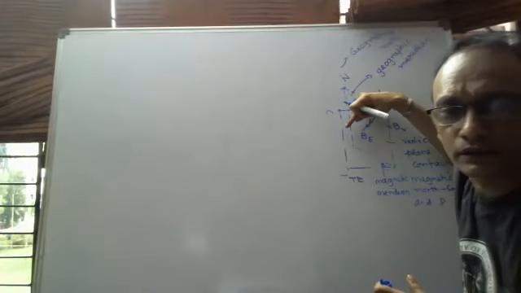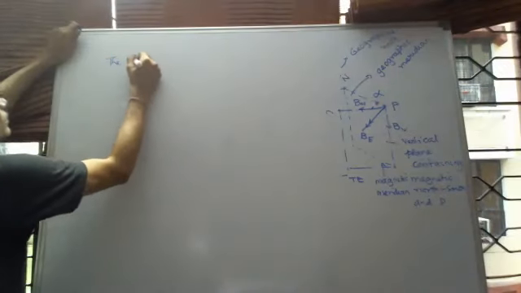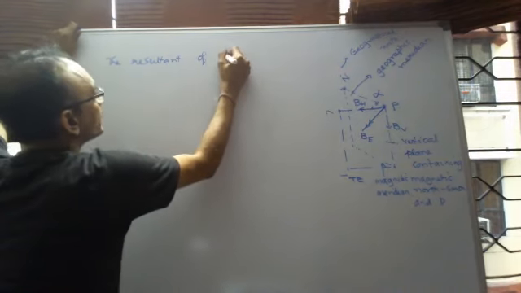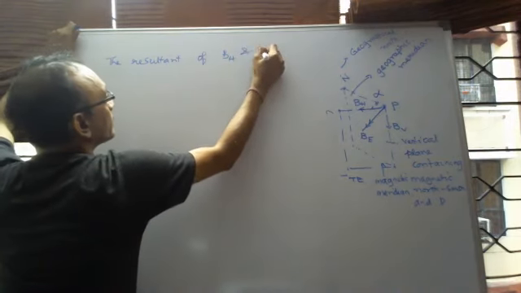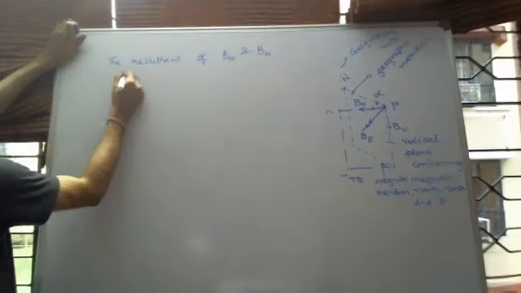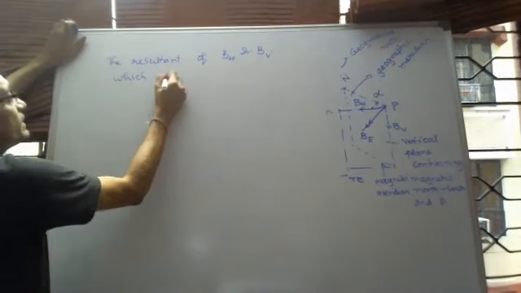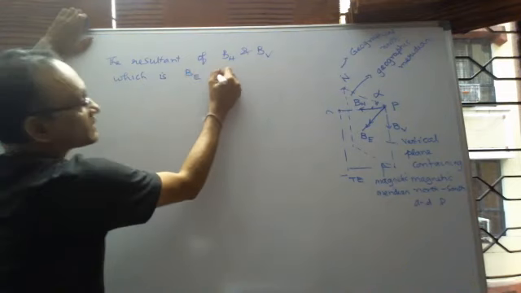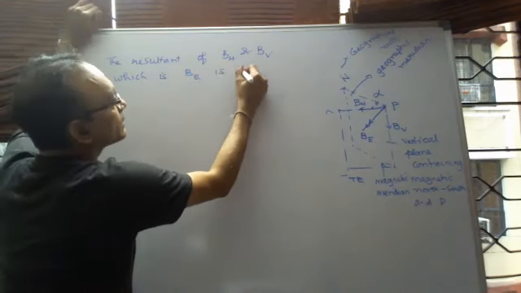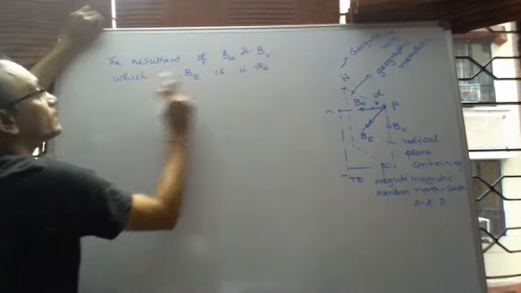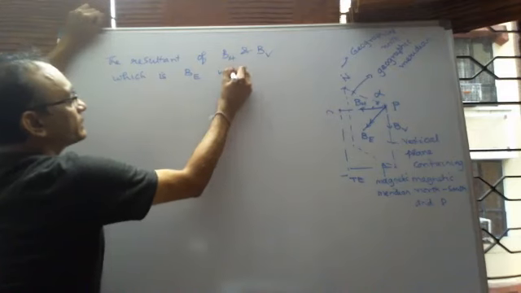Isn't it? The resultant of BH and BV, which is BE, will lie in the magnetic meridian.